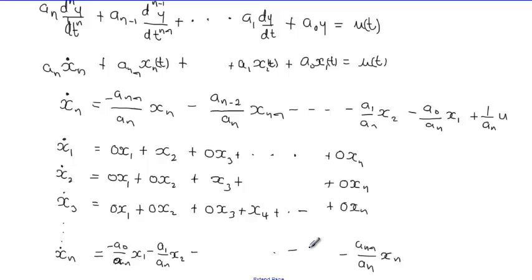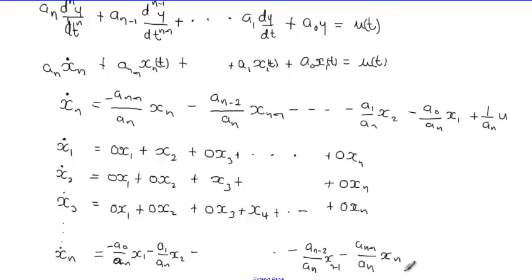That will be minus a n minus 2 over an x n minus 1.